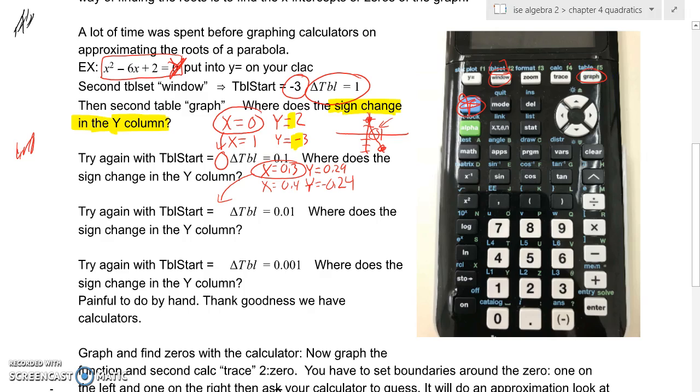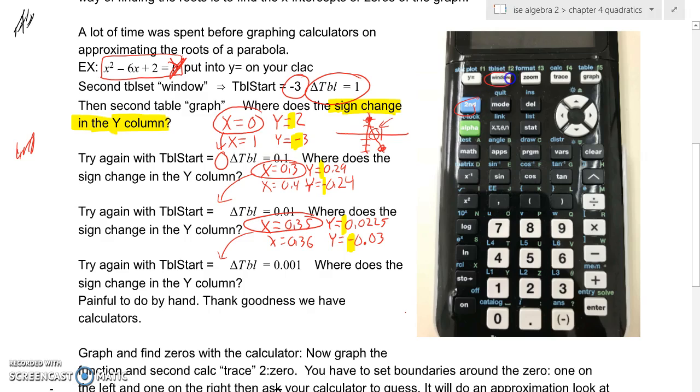We're looking for the sign change in the y column. So scrolling through your table, when x is 0.35, y is positive 0.0225. When x is 0.36, y is negative 0.03. So we changed from positive to negative. That's what we're looking for. And that's not quite close enough for me, so we're going to do it one more time.